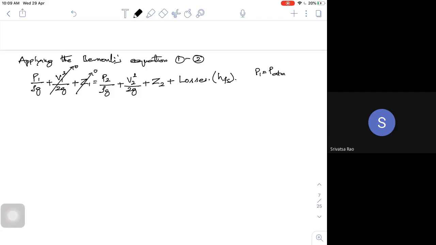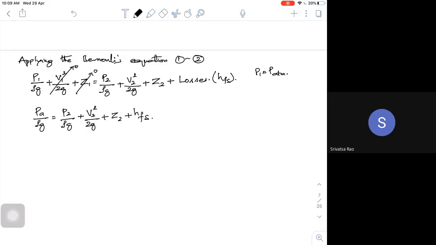I can write PA by rho into g is equal to P2 by rho into g plus V2 square by 2g plus Z2 plus your frictional losses.